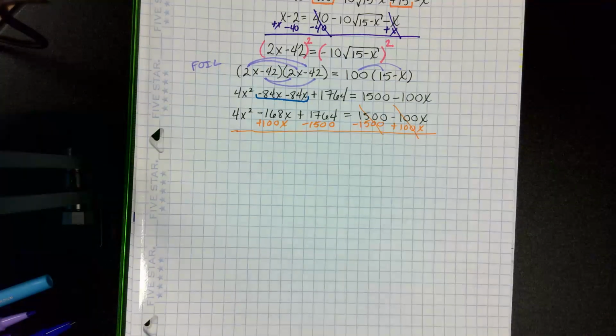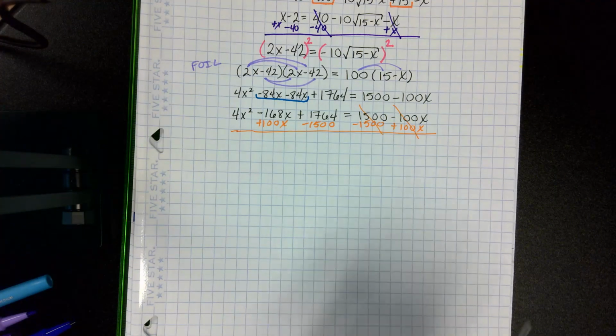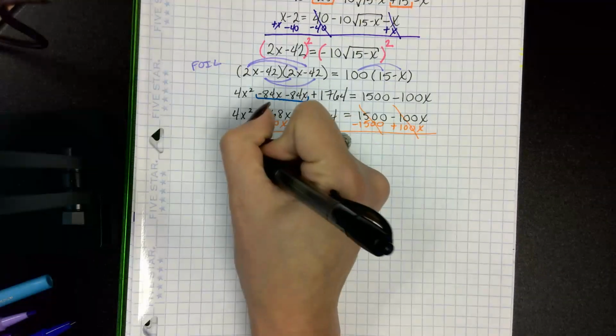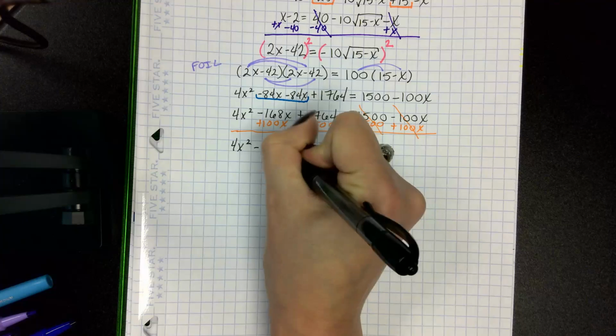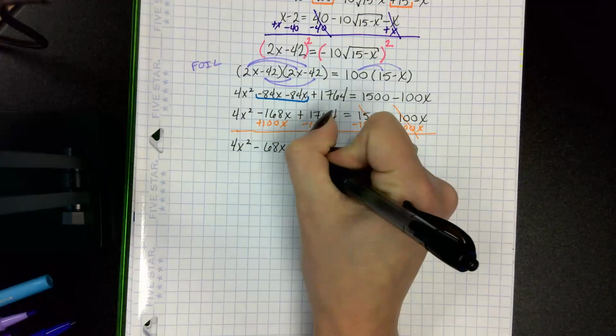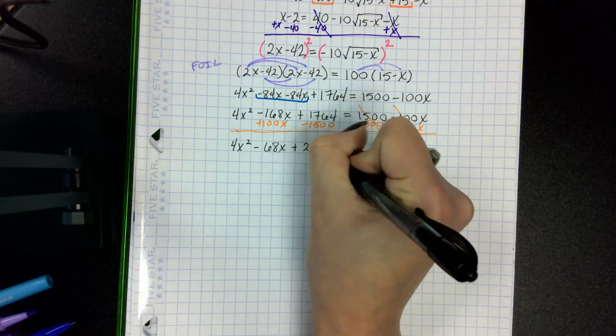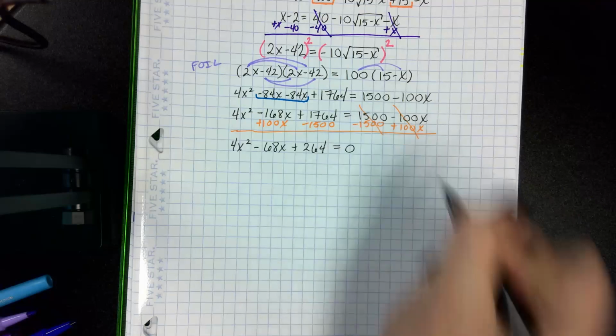Now everything's gone from the right. The right side is equal to 0. The left side is 4x squared minus 68x plus 264 equals 0.